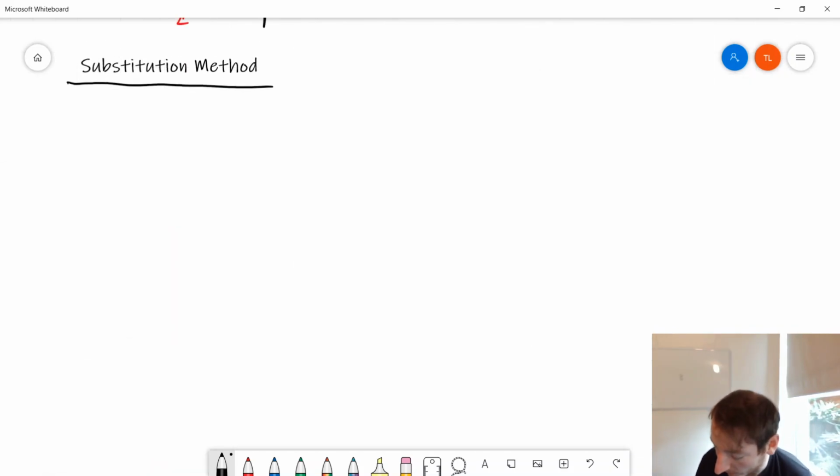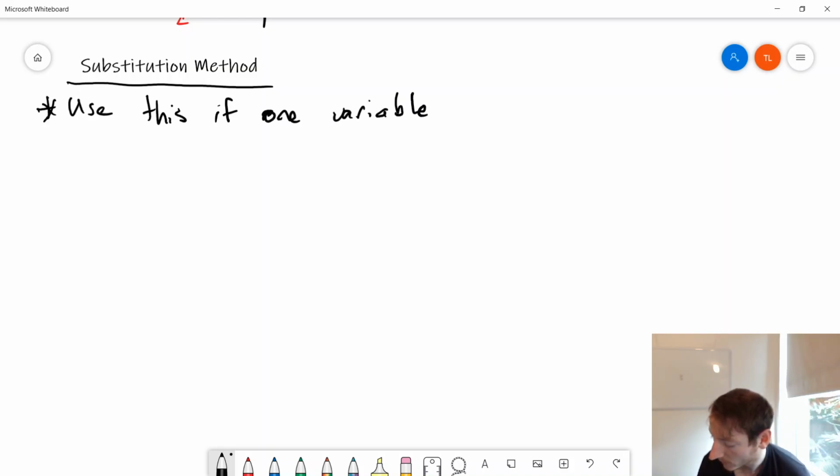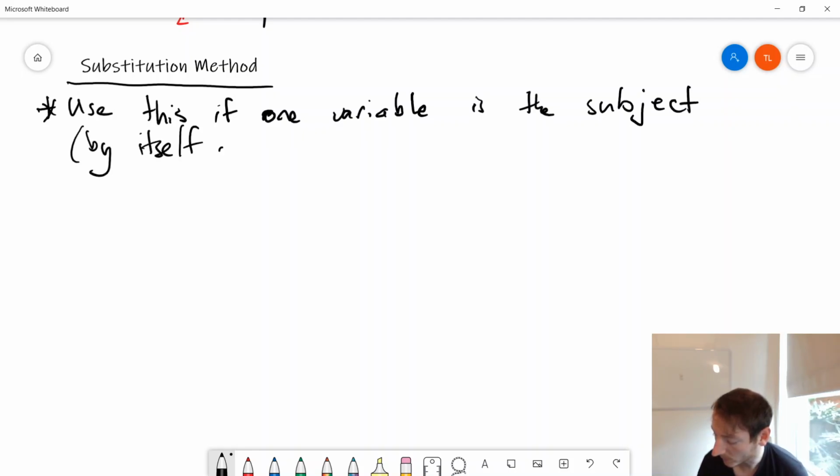So let's just make a note of that before we start. Use this if one variable is the subject, which means by itself on one side.